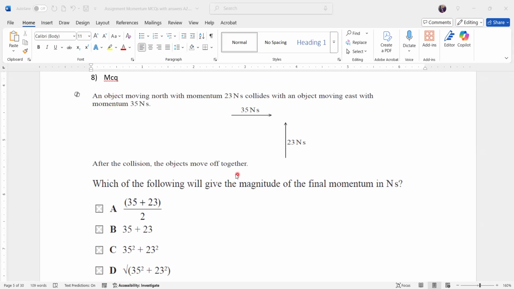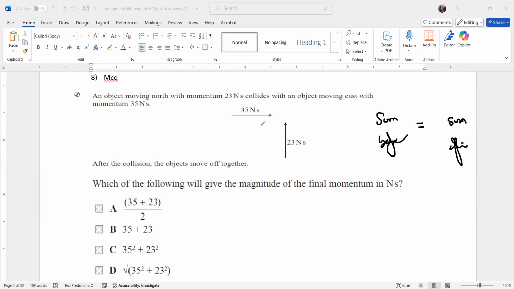After the collision, the objects move off together. They move together, which means which of the following will give the magnitude of the final momentum? Because we know, according to conservation of momentum, the sum of the momentum before is equal to the sum of the momentum after.